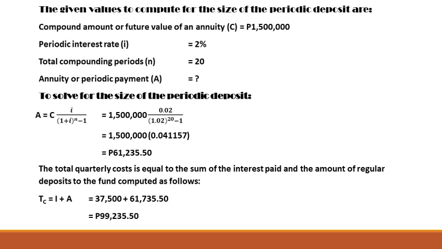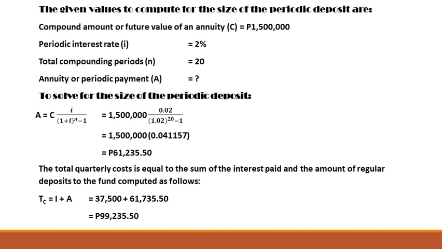The total quarterly cost is equal to the sum of the interest paid and the amount of regular deposits to the fund, computed as follows. The formula for the total quarterly cost is the interest plus the annuity or periodic payment.